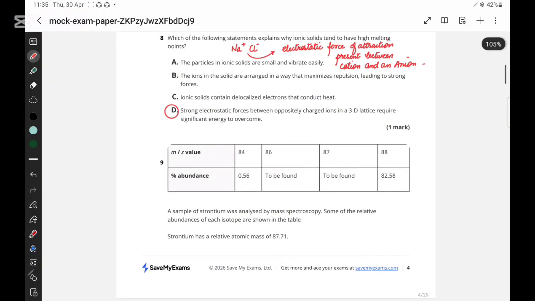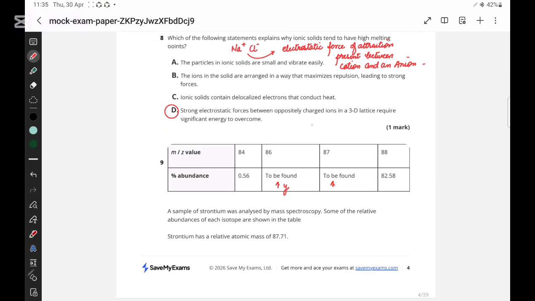For the next question, they have given us the mass to charge values of different isotopes of strontium. Now they are saying we have to find the percentage abundance of strontium 86 and strontium 87. If we keep it as Y, then we add the percentage abundance of all of them and subtract it from 100.